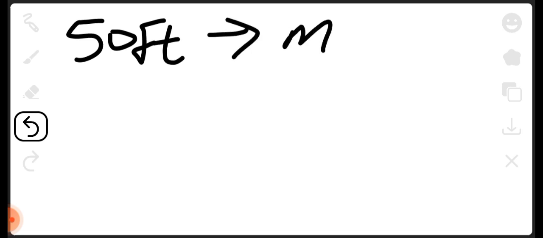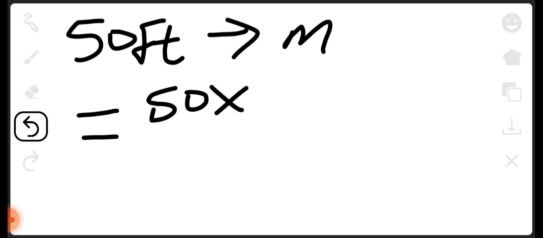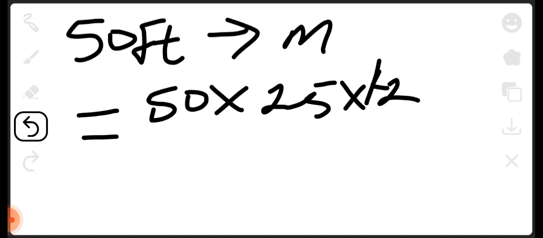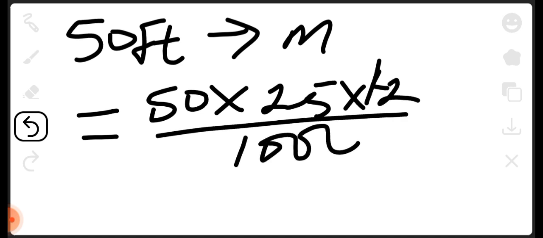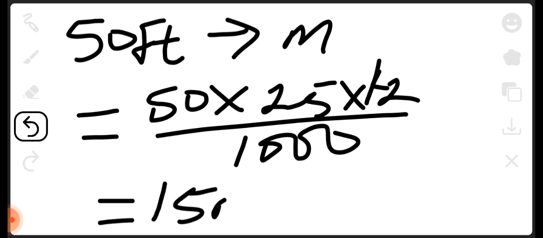You just tell me 50 feet in meters will be equal to 50 times 25 times 12 divided by 1000. That is giving me 15 meters. So this is how you convert from foot to meters.